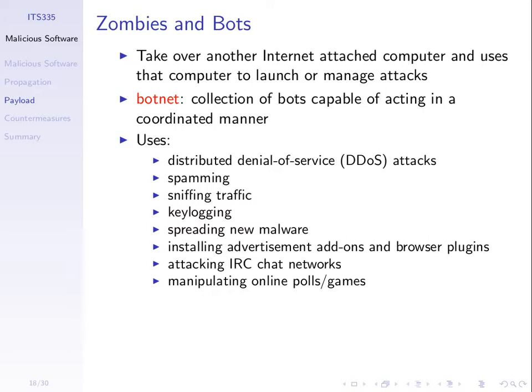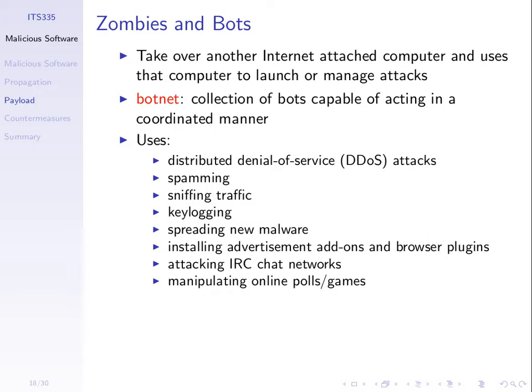So attackers have compromised millions of computers via different means and can control them to do things that they'd like to do. For example, denial of service attacks, send spam. So instead of sending spam from the malicious user's computer, they take control of normal users' computers and get them to send spam to some target.